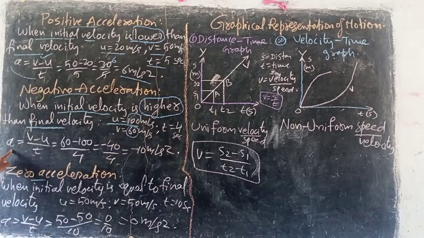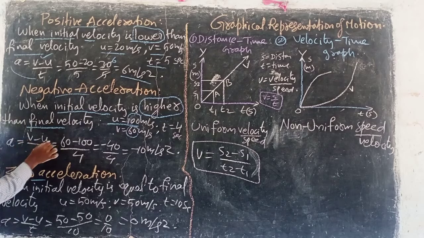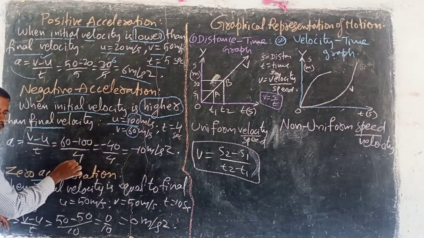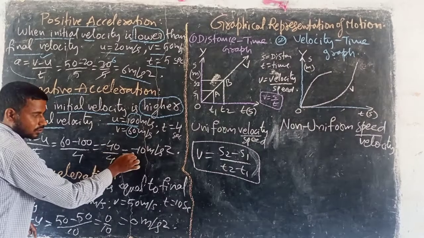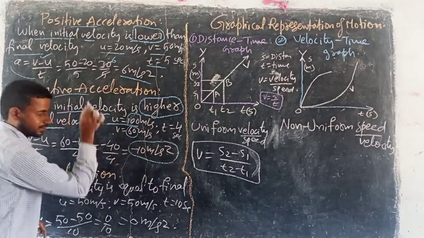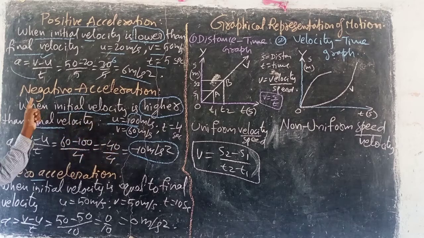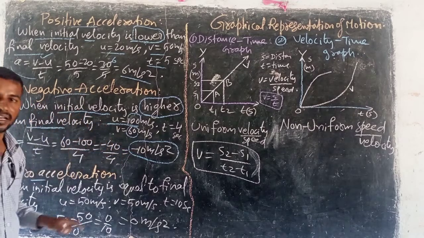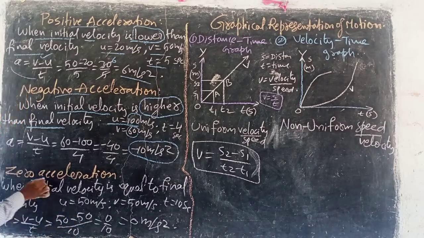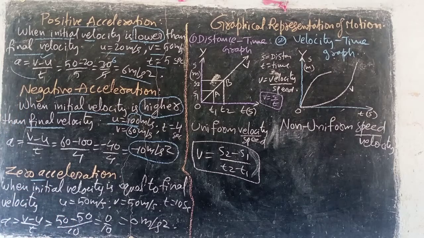Formula wise, a is equal to v minus u by t: 60 minus 100 by 4. So minus 40 by 4 is equal to minus 10 meter per second square. So it is called negative acceleration.